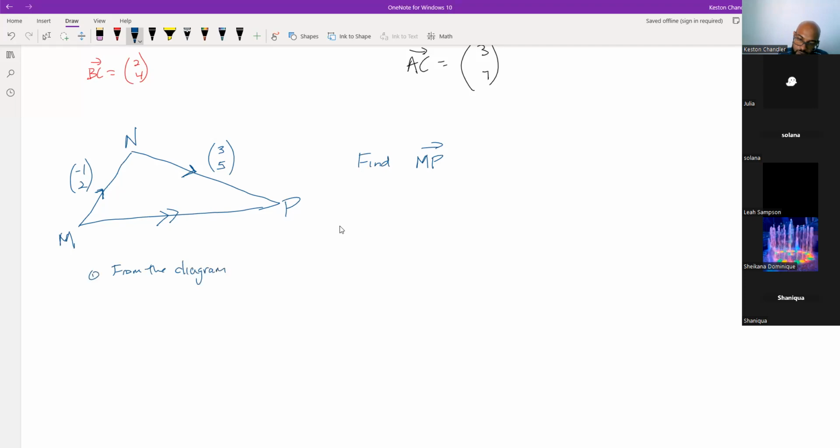Write the vector equation. Always start with what you're trying to find. And then three, substitute and solve. Okay? Everybody could try that for me?